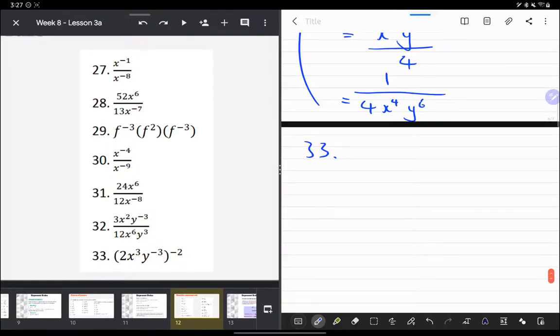33. Cool. We have it in a bracket or a parentheses. So let's expand that first. If we do expand it, remember the exponent law is that the powers multiply.